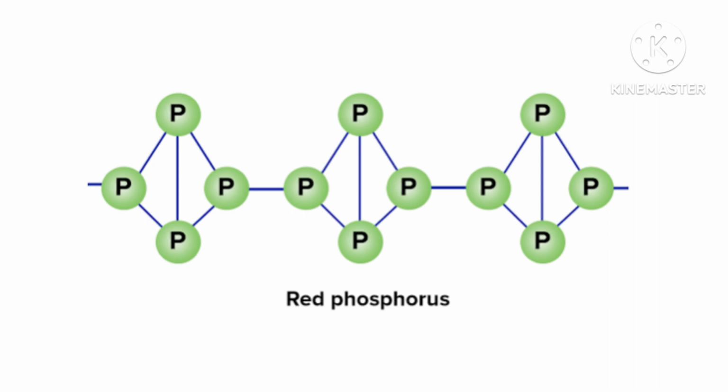Many times you might have seen this type of smell, and this rotten fish smell is always due to PH3. It is a colorless gas with a rotten fish smell and is a highly poisonous gas. PH3 is a highly poisonous gas.